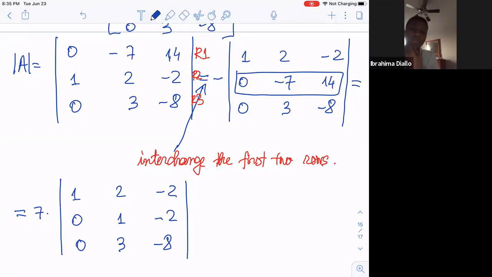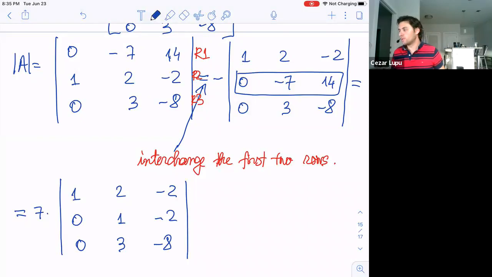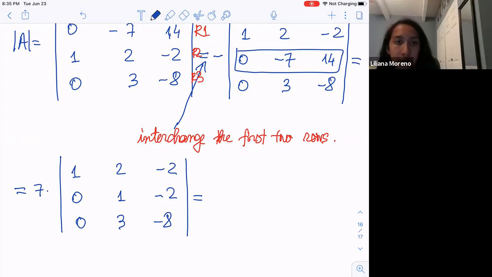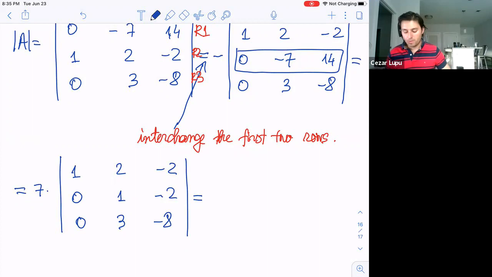Okay. All right, what to do next? Keep in mind, I want my matrix to become upper triangular at some point. The only thing that gives me problems here is this 3 here, so I need to do something about it.